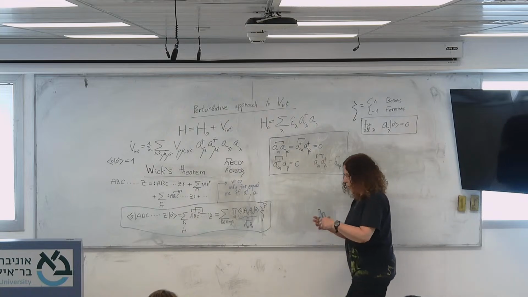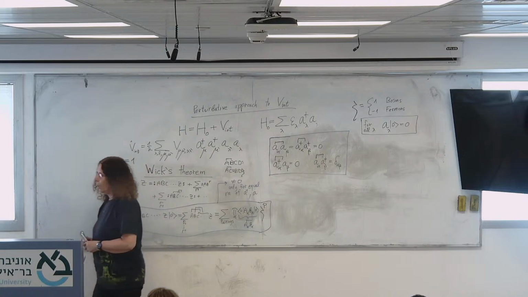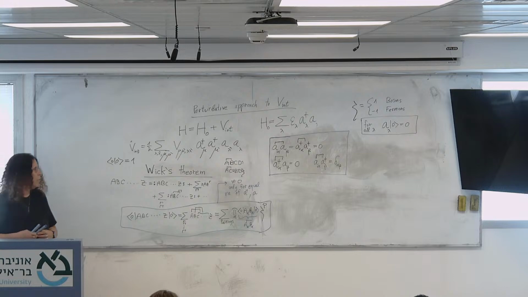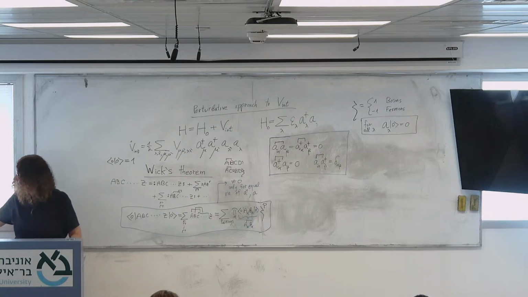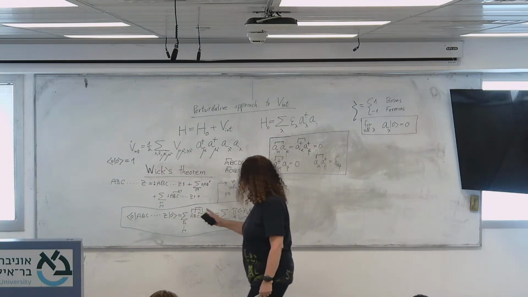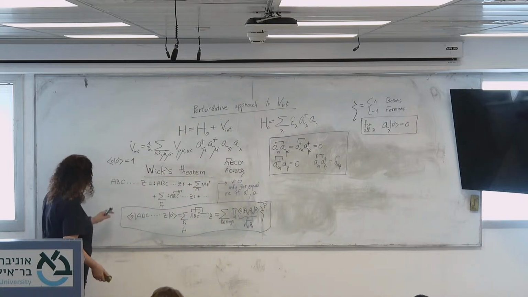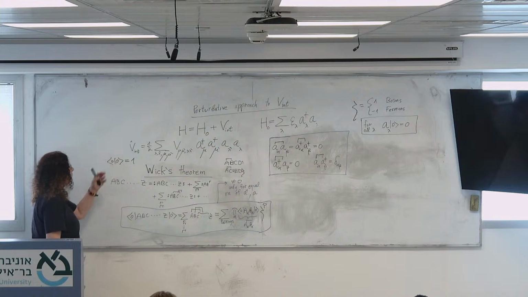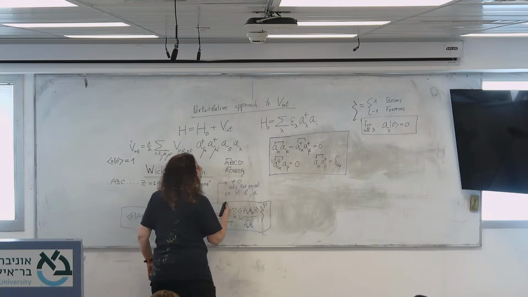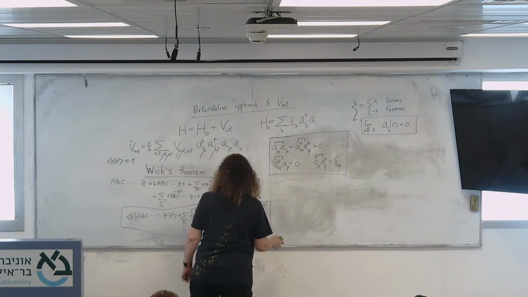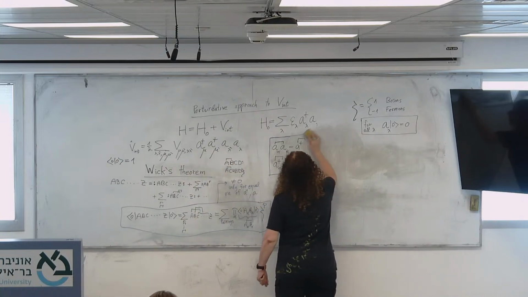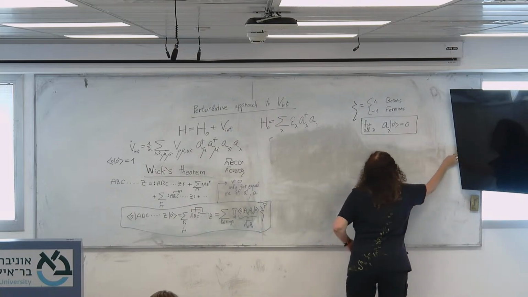Okay, so that's general. This is a theorem, Wick's theorem, and now we're going to use it for a problem of interacting fermions. And we're going to be able to say something specific about the perturbative treatment of the interaction. Okay, so I think this table I want to keep. So let me just leave it on the side.